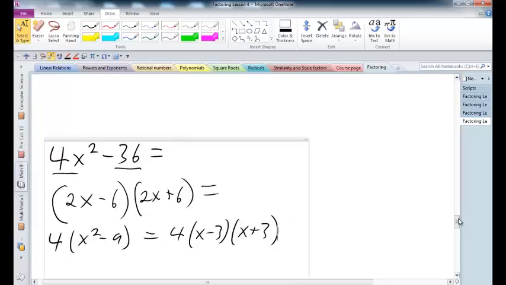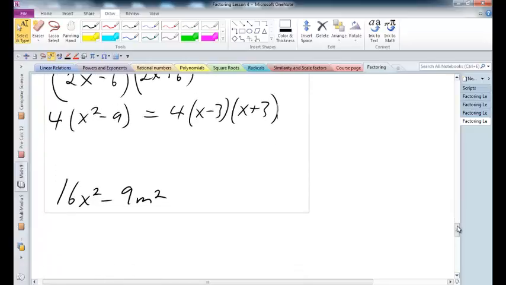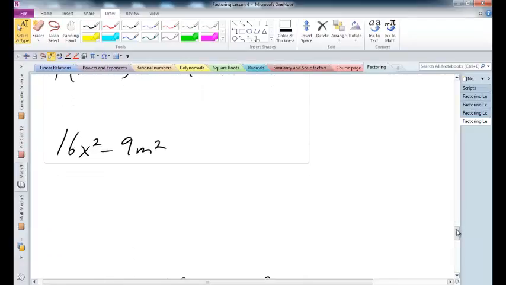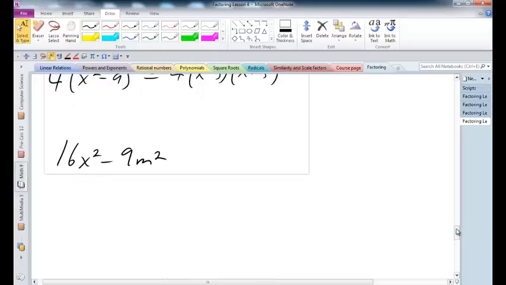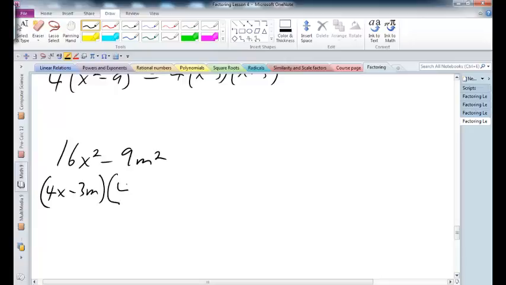Let's try another one like that. See if you can do this one on your own. We've got two perfect squares, so let's square root them. (4x - 3m), and then (4x + 3m).